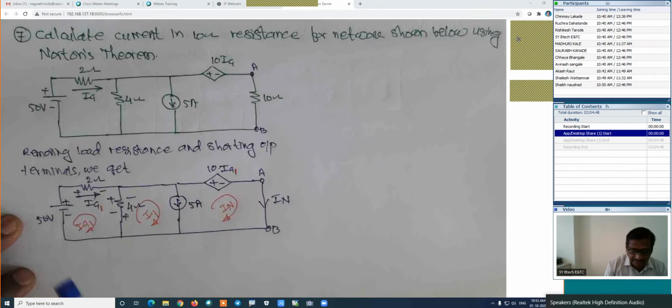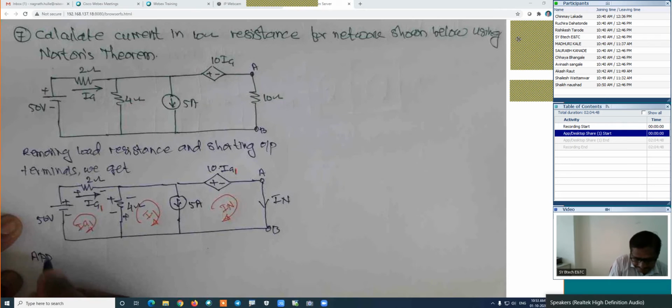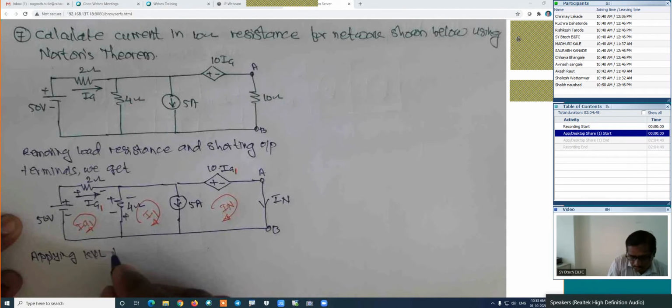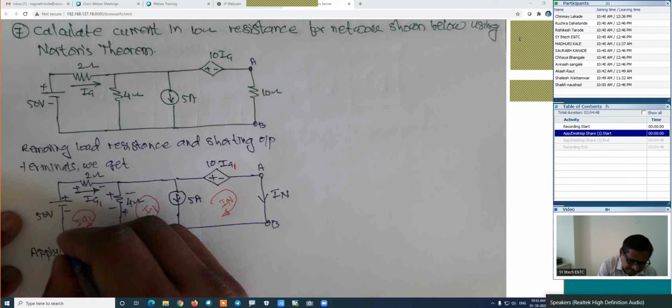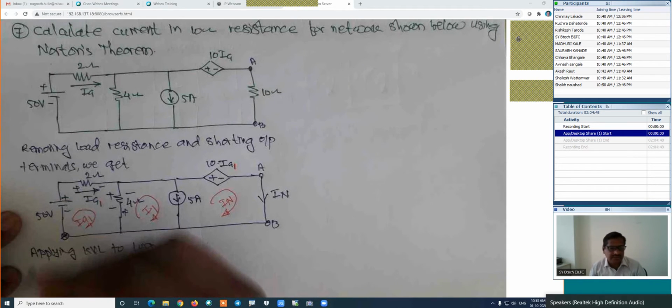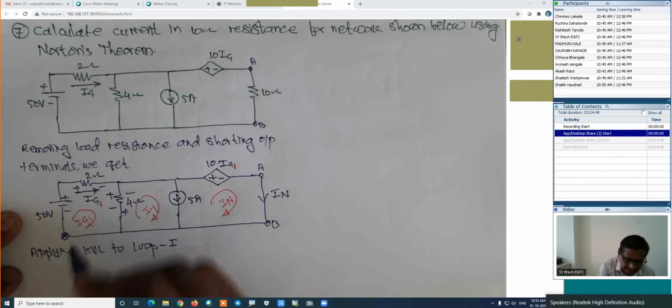Now what I will do, I will apply the KVL for the first loop. Applying the KVL, that is Kirchhoff's voltage law, to the first loop, how will be the equation? If we are starting from this point, we are traveling in the upward direction, in the clockwise direction.